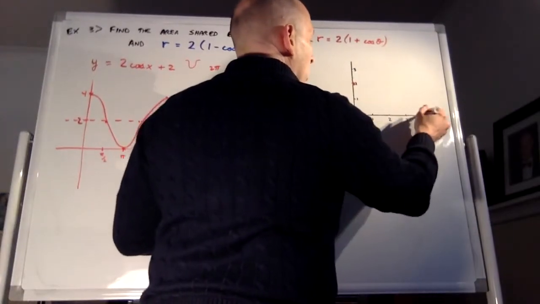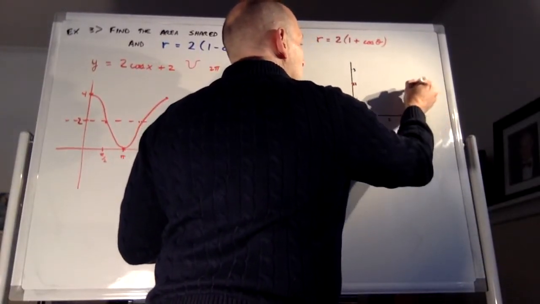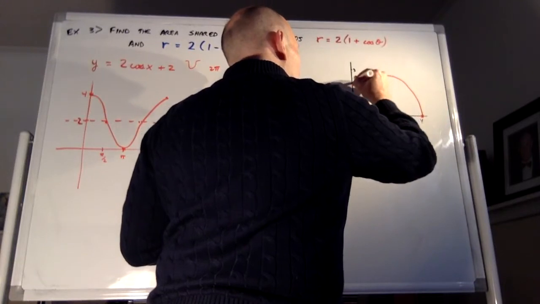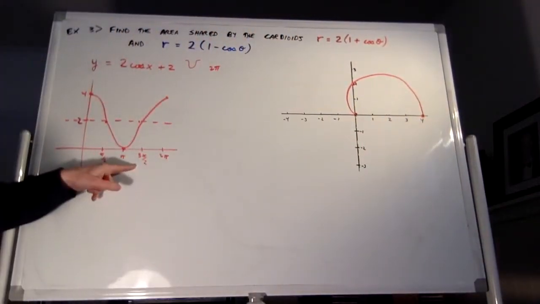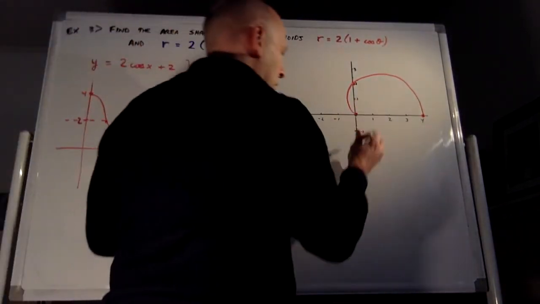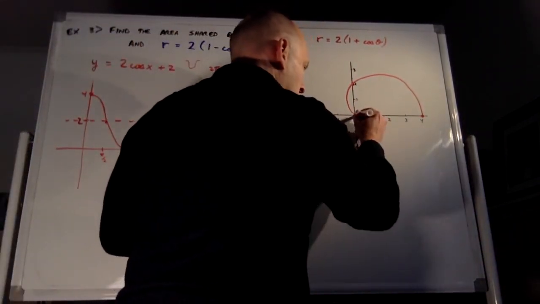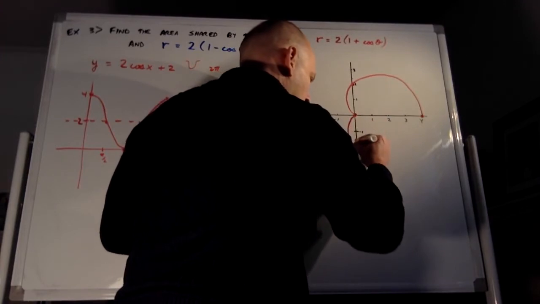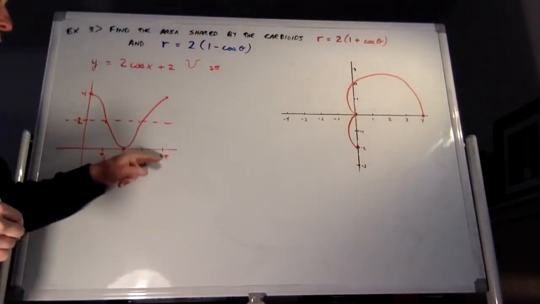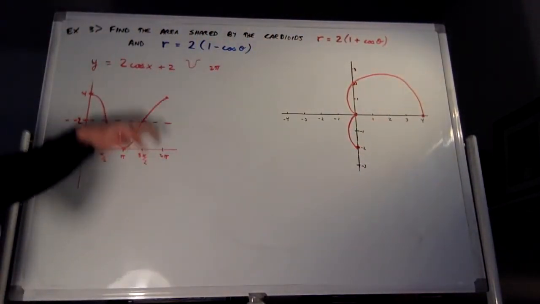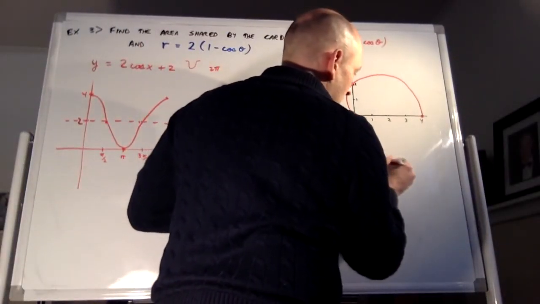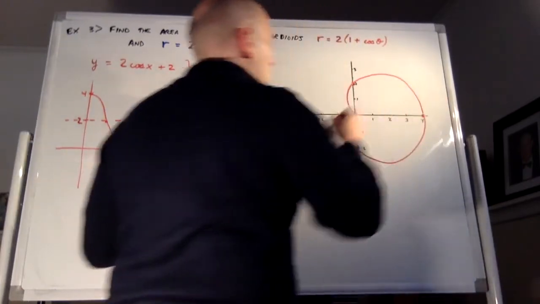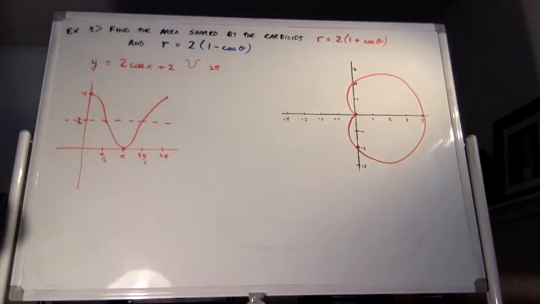So this is a cardioid, so it is going to sweep wide like this, counterclockwise rotation, and then reach the pole right there. At 3 pi over 2, we're at 2. So we're here. So we're going to continue to rotate counterclockwise. And then we go to the angle of 2 pi, pointing straight to the right, where the radius is 4. So we're going to return to that point. All right, so this is the cardioid for r equals 2 times 1 plus cosine theta.